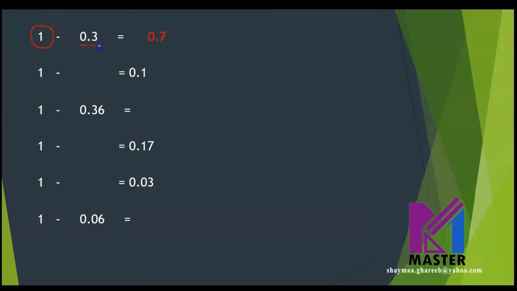I have 3 tenths here, then the answer will be 7 tenths. 1 minus a number equals 1 tenth. The 1 whole is 10 tenths. So I will take 9 tenths from the 1 whole to give me 1 tenth. Or we can say 1 tenth plus what gives 1 whole.